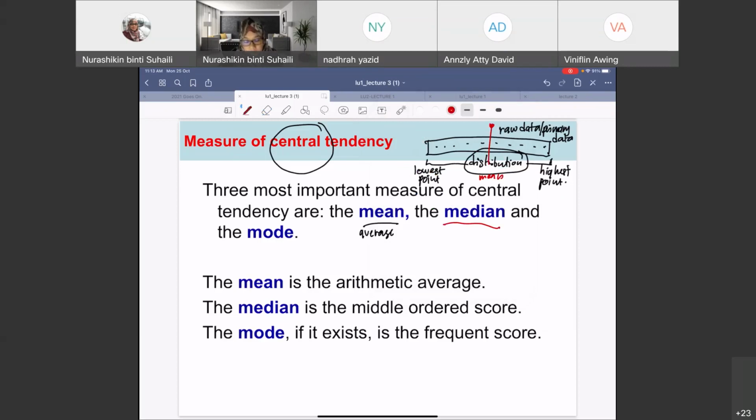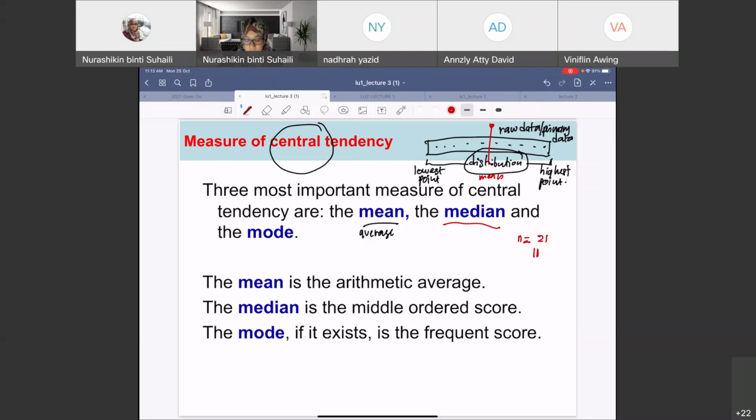Let's say you have 21 data points. If you rank them in order from the lowest to the highest, the one that sits in the middle, 21 is easiest, so you'll see that the central point is at 11, right?